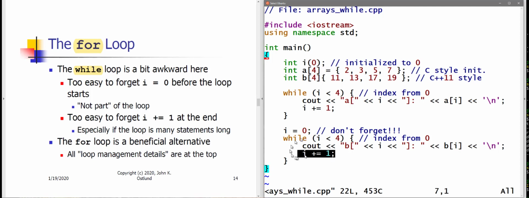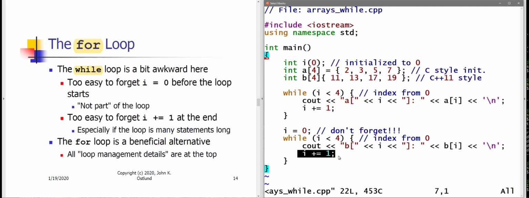Now, in this case, it's not too bad because the while loop is relatively short. So we're saying I gets 0, while I is less than 4, display B sub I, and then the value of the element B sub I, and then add 1 to I.